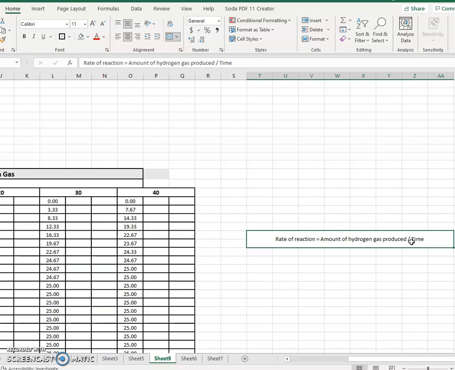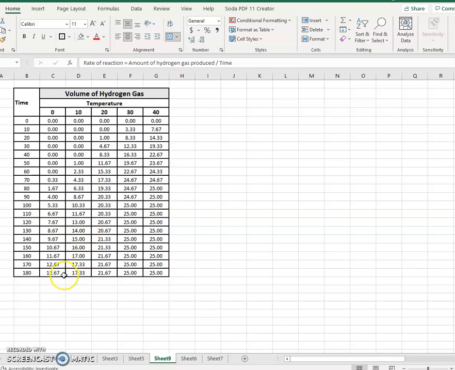The amount of product that the chemical reaction is producing divided by the time it took for that to happen. So we can technically calculate an overall rate of reaction by looking at the total amount of gas produced and dividing that by the total time taken, and that'll give us the rate of reaction for that entire reaction happening at 0 degrees.